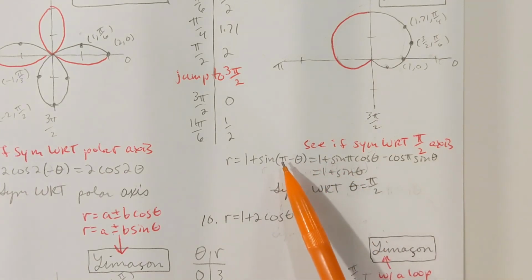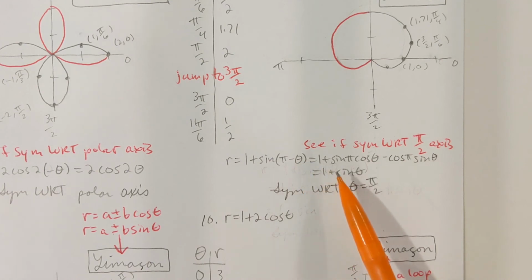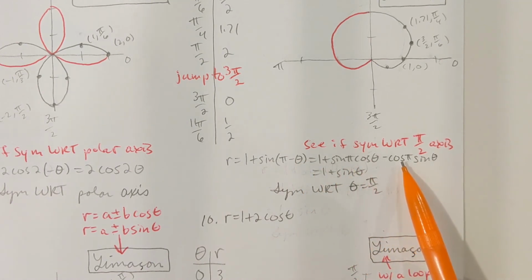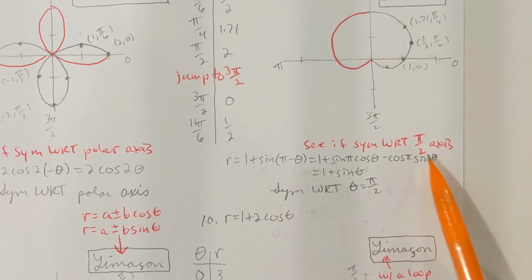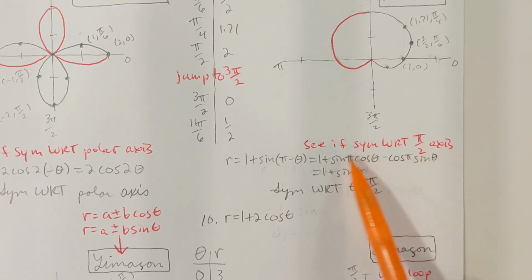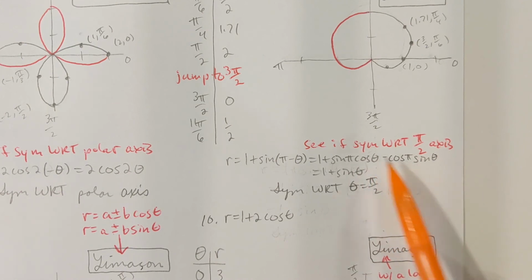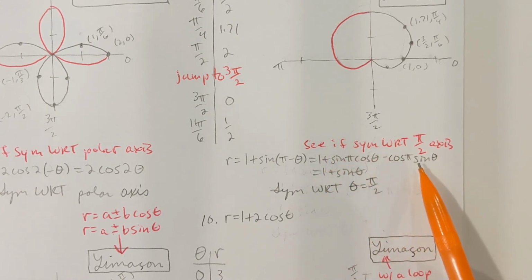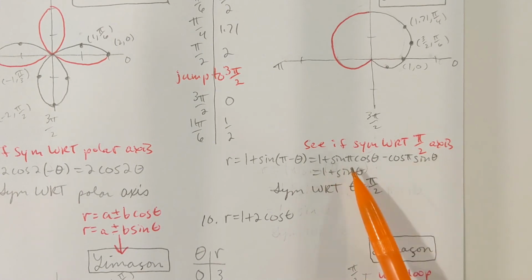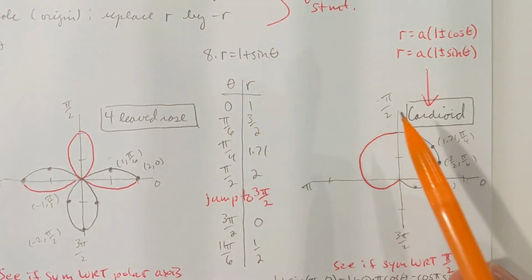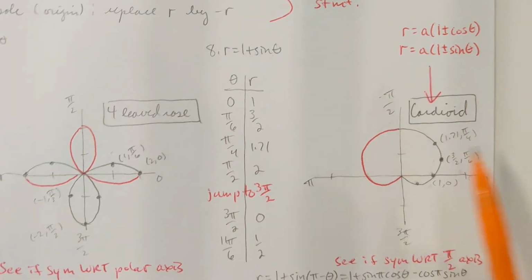So sine of pi minus theta is the same as sine pi times cosine theta minus cosine pi times sine theta. Sine pi is 0, so that's going to knock out this middle term here. Cosine pi is negative 1. 1 minus negative sine theta would be the same as 1 plus sine theta for r, and that's the same equation as we were originally given there, r equals 1 plus sine theta.